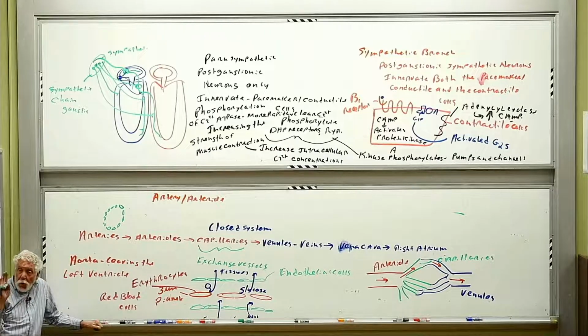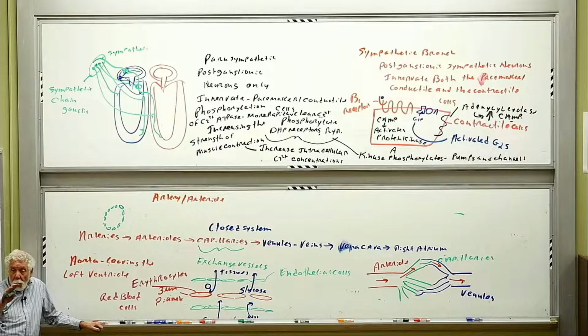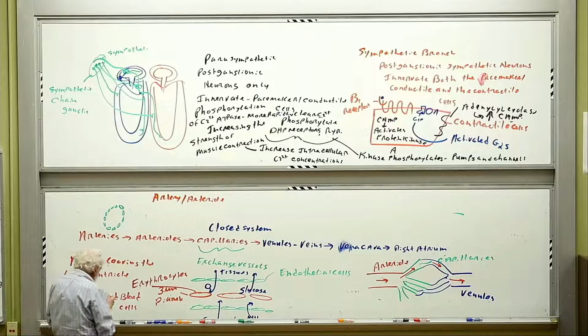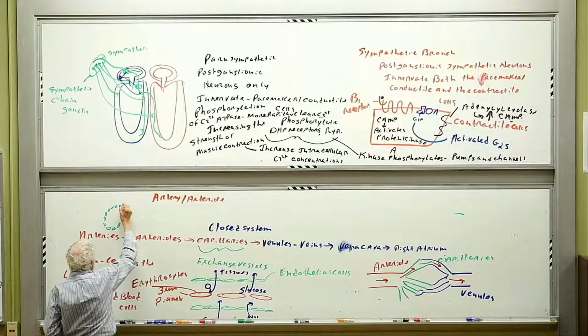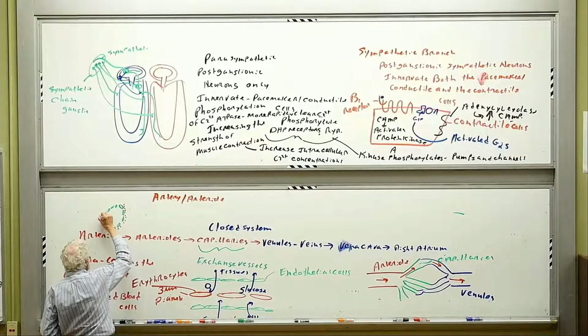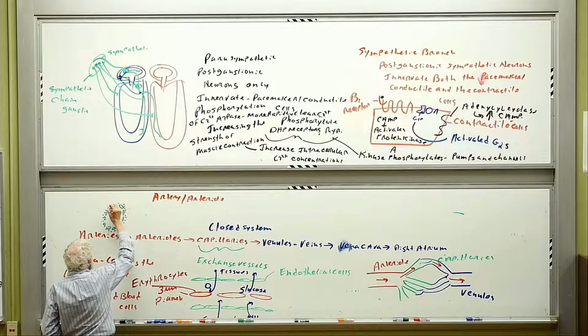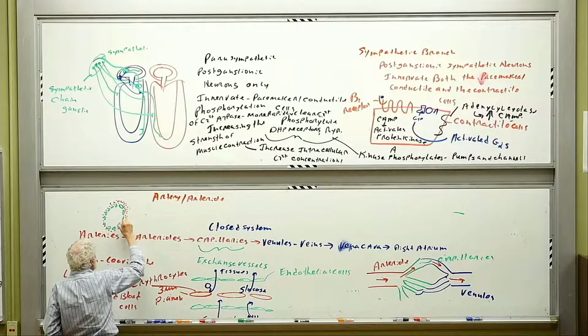Remember, we said wherever we go in the cardiovascular system, whether we're in the chambers or in the vessels, we have a lining of endothelial cells. Those endothelial cells sit on a basal lamina. And typically there's a fairly robust layer of connective tissue here.